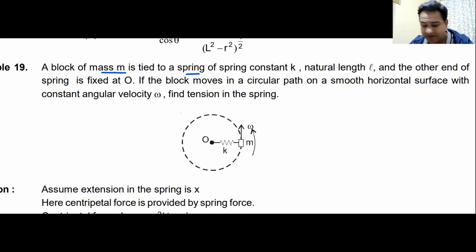Instead of a string, we have a spring of spring constant k. Natural length is L. The other end of the spring is fixed. That is how it can move on a circular path. It moves in a circular path on a smooth surface with a constant angular velocity. Now, instead of velocity, they have given angular velocity. Doesn't matter. They are the same thing.